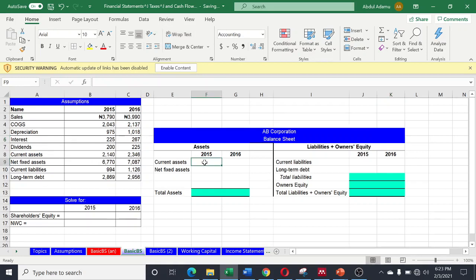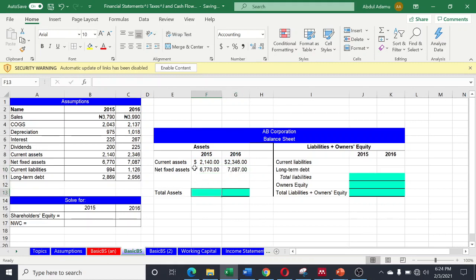So we do cell referencing, equals this value. The net fixed asset equals the 2015 value. The 2016 value we can drag this way because they are close.